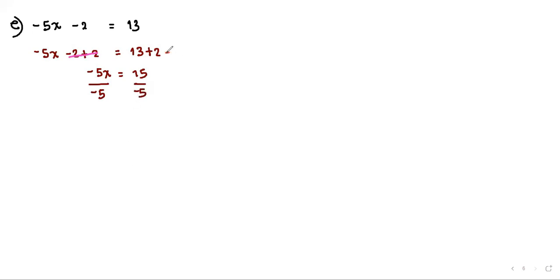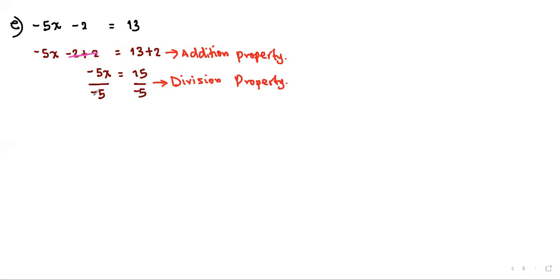Can you note that here we are using the addition property, then here we are using the division property? You see, you add 2 on the left-hand side, you add 2 on the right-hand side.